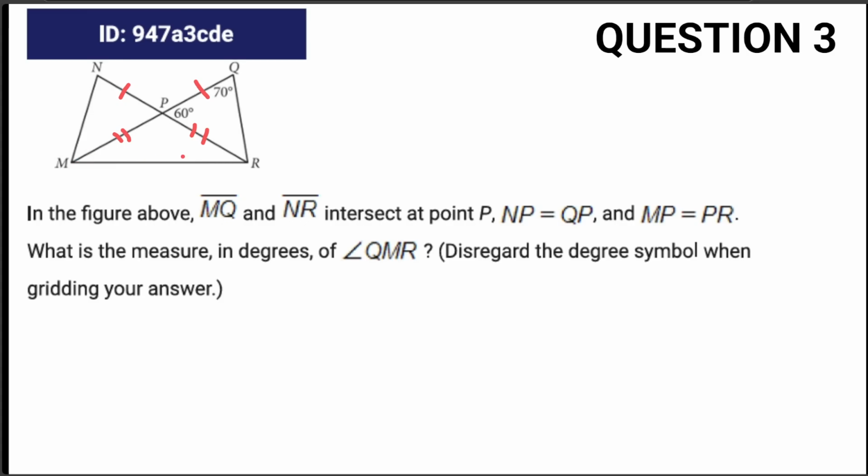So QMR. And we can ignore that right now. So to find this, we can see that, let's see here, we could find that these are opposite, so that would be 60.